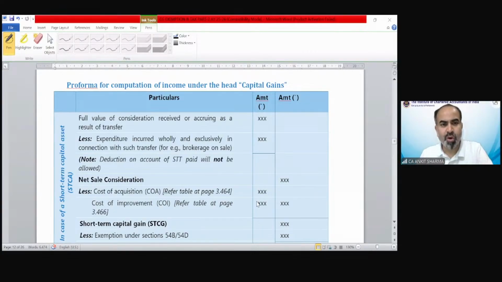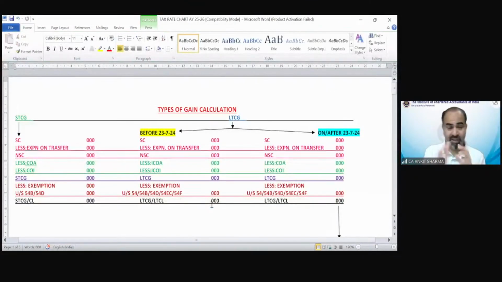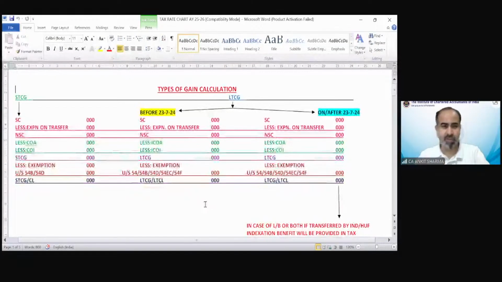Okay, moving on, the proforma for computation of income under the head capital gain. Let me show you with the help of the chart. One by one, you will see the provisions we have already gone through, like a recap. First of all, types of capital gain calculation.